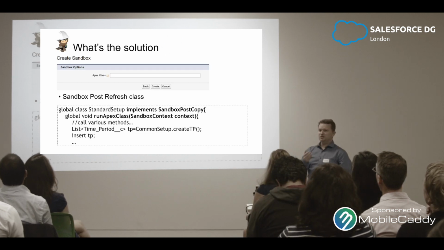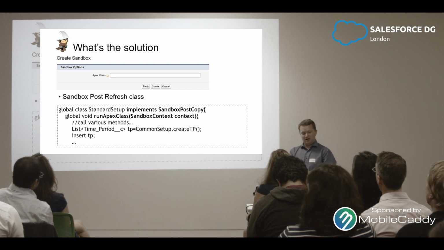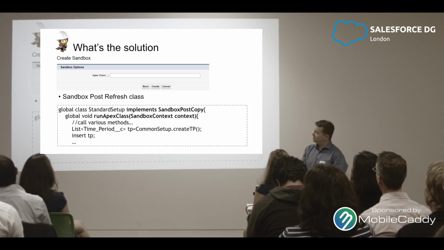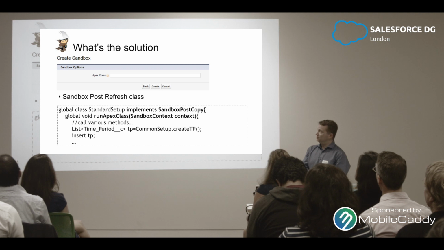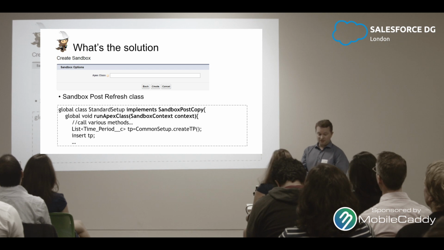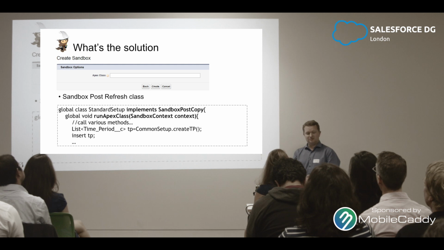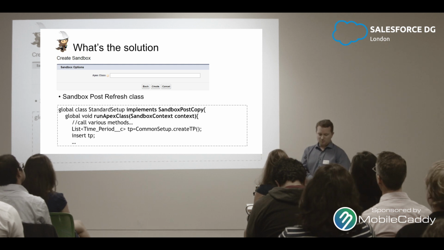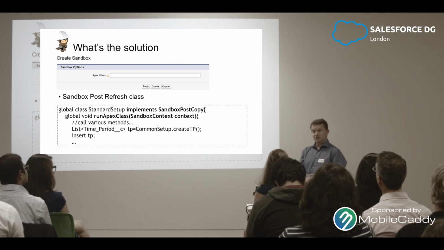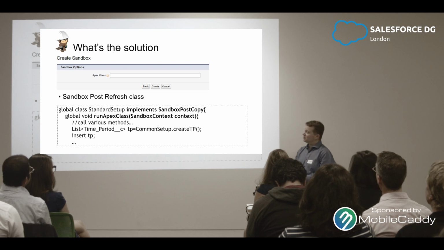I kind of knew that we could do something about this because, like many of you, I've seen the sandbox options page, knowing that we can run Apex classes as part of this Sandbox refresh. So I looked into this a little bit further, and we have a Sandbox post refresh class, and as you can see, it's a global class.